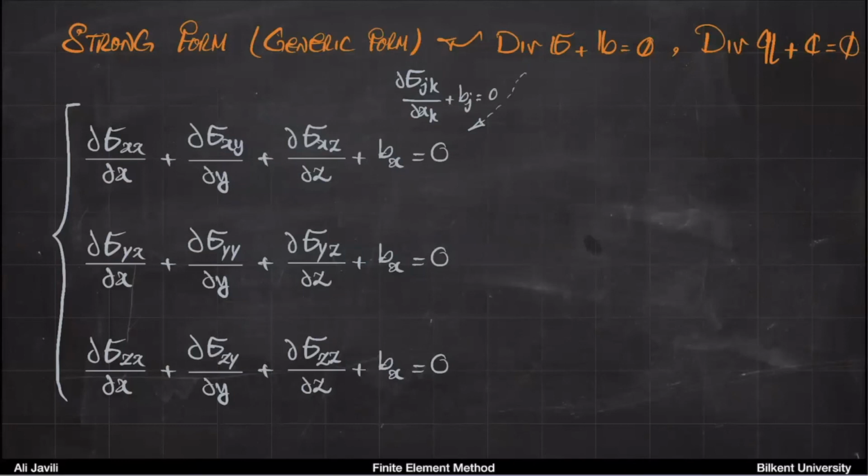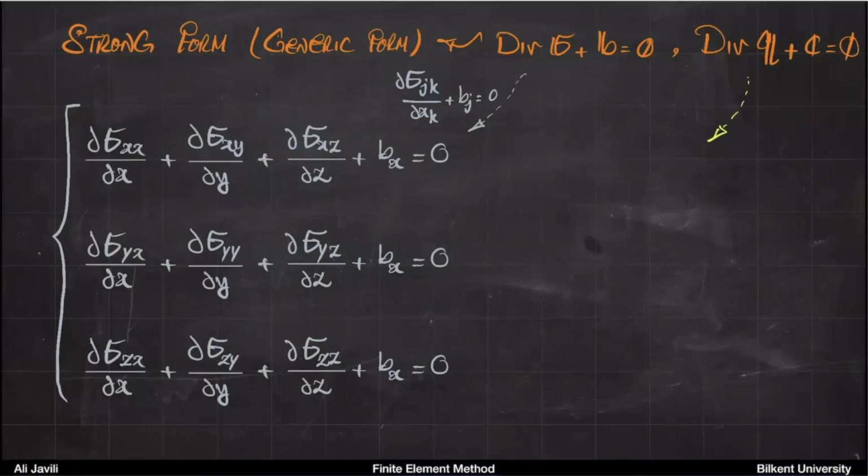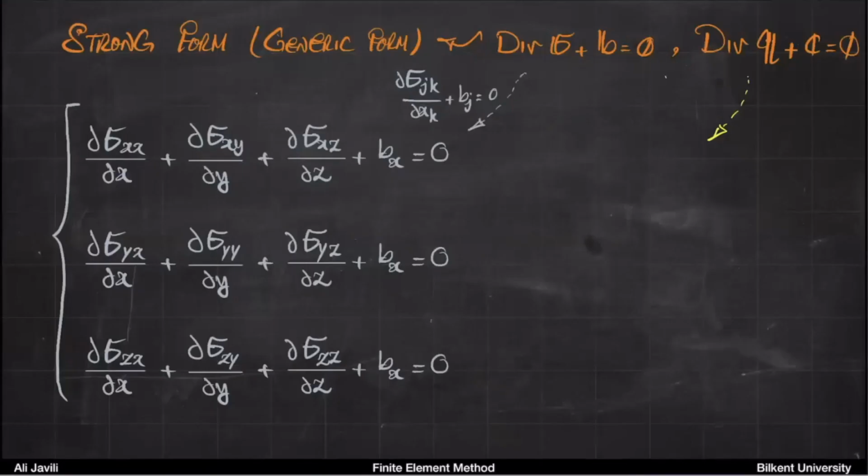And you can also write your thermal problem, obviously. So your thermal problem would be a similar story, but now it's much easier. It's just derivative of Qi with respect to Xi plus, well, that scalar value is 0. Sorry, C is not. So let's call it C maybe. And plus that C is 0.